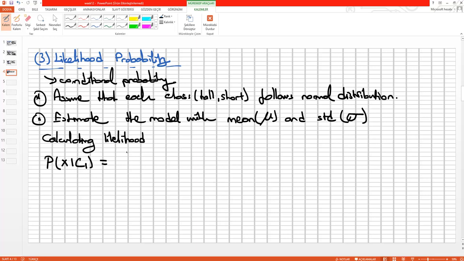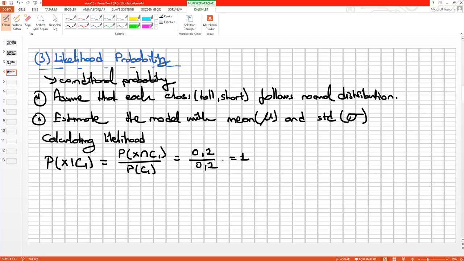So X intersection C1, divided by C1. In the graph, the whole C1 intersects with the x value, and 0.2 is given here. So the C1 probability is 0.2, and we can say that it is 1.